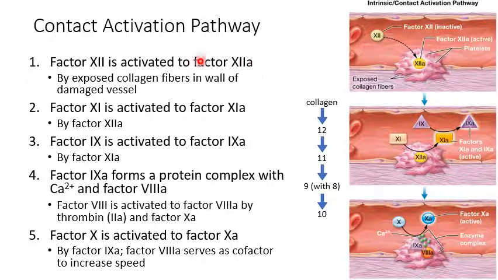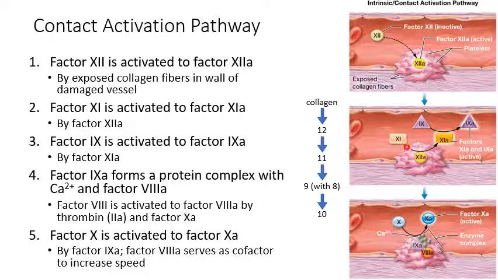A lot of them also have a different name that's not with Roman numerals, but it's actually a word, but you don't need to know those names. We'll just go by the Roman numerals. So, right, in the contact activation pathway, first factor 12 is activated by exposed collagen fibers to factor 12A. Then the next thing that will happen is that your factor 12A activates the next factor in the cascade, which is factor 11.